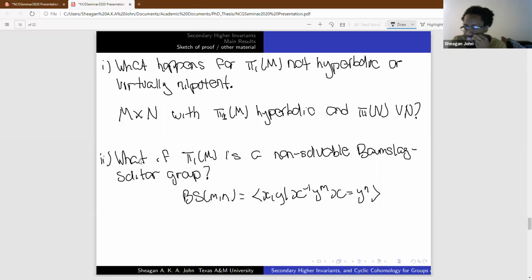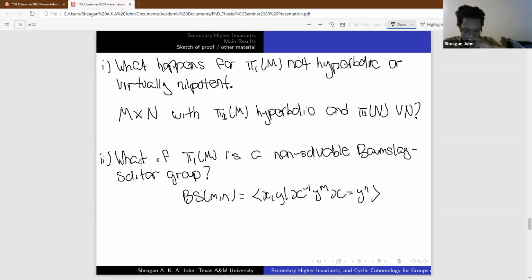But they are fiendishly difficult groups to get a handle on, and they tend to destroy a lot of conjectures in geometry and algebra.